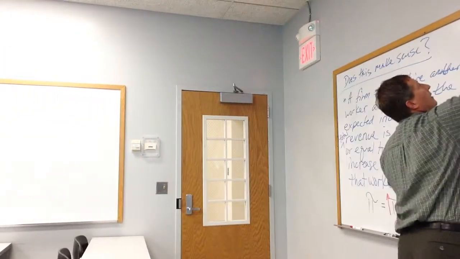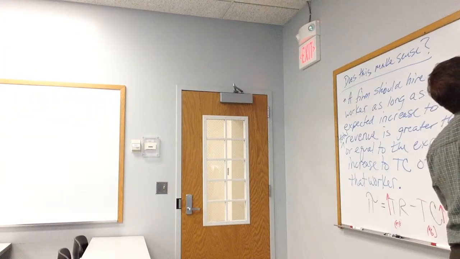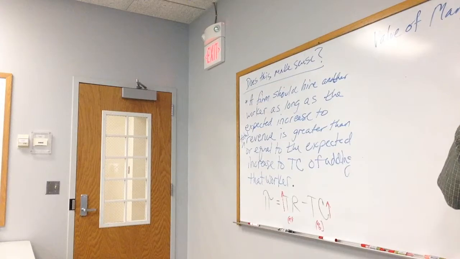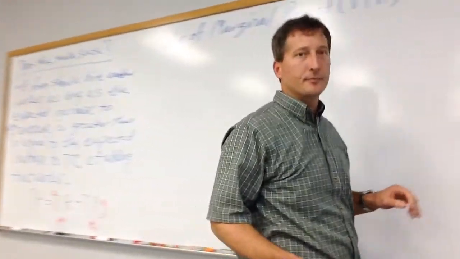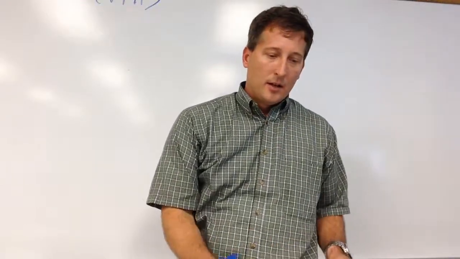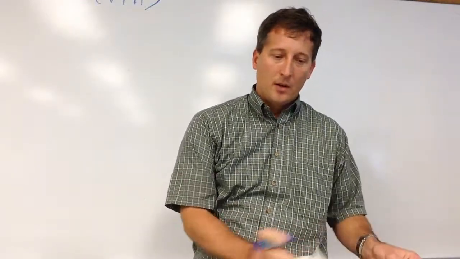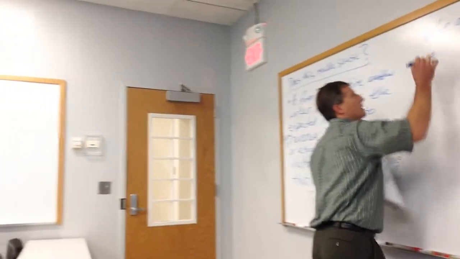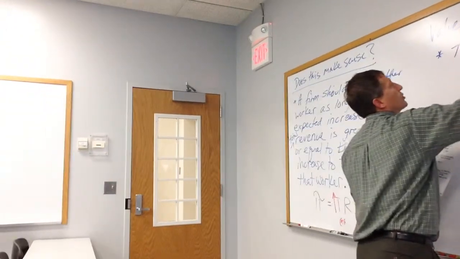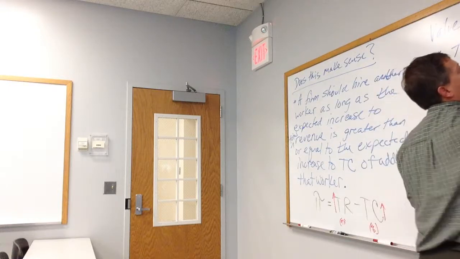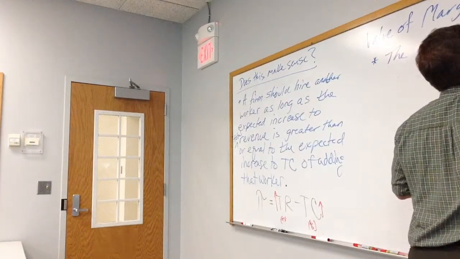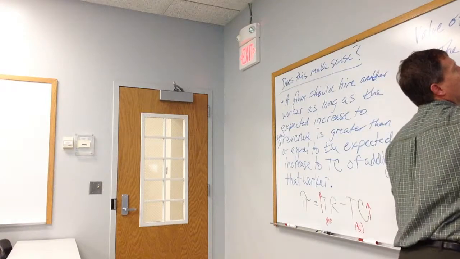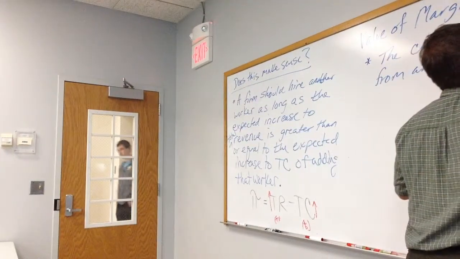So the value of marginal product, the VMP curve, the value of marginal product, is the change in total revenue from an additional unit of a resource.